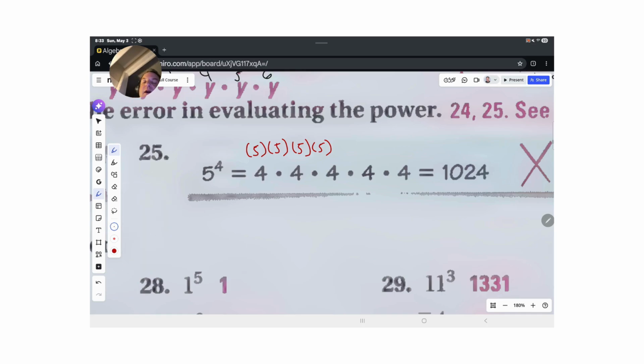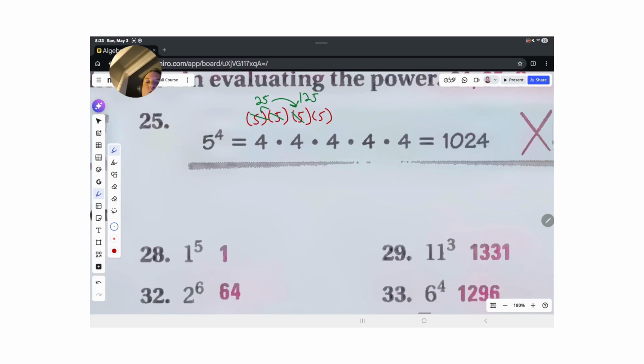And it's easy if you just cross them out as you go and do 2 at a time. 5 times 5 is 25, for example. 25 times 5 is 125. And then 125 times 5 gets us to 625. So not 1024, but 625.